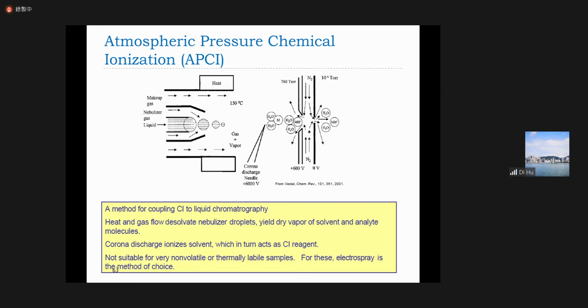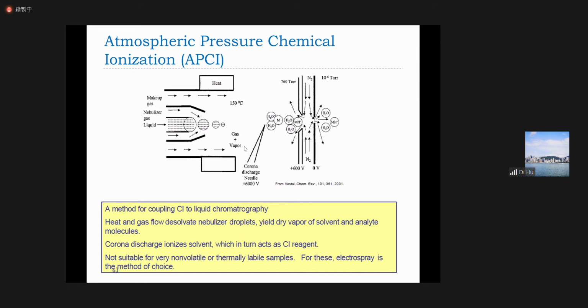A high voltage applied on the tip forms a plasma or corona, at about 6 kV. Because the solvent vapor is dominant, a lot of solvent vapor gets charged, protonated, and then can immediately transfer the charge to the neutral analyte gas molecules.